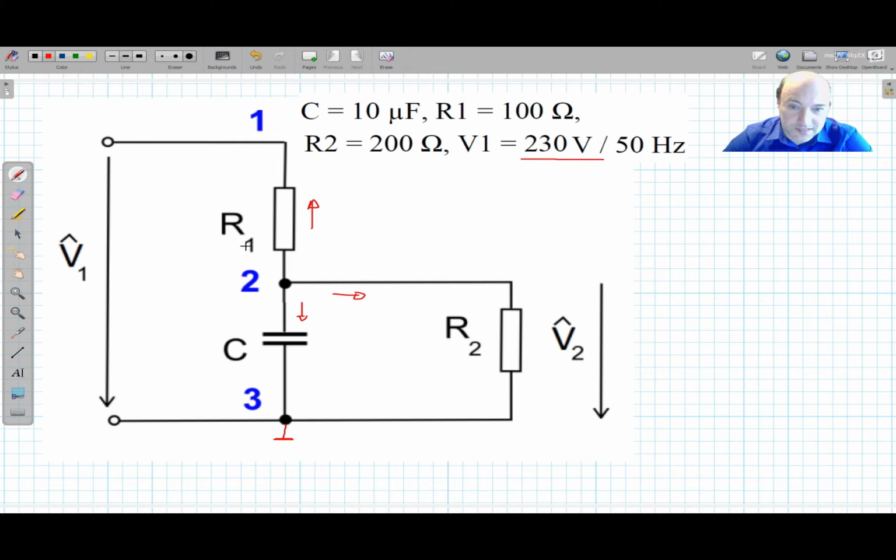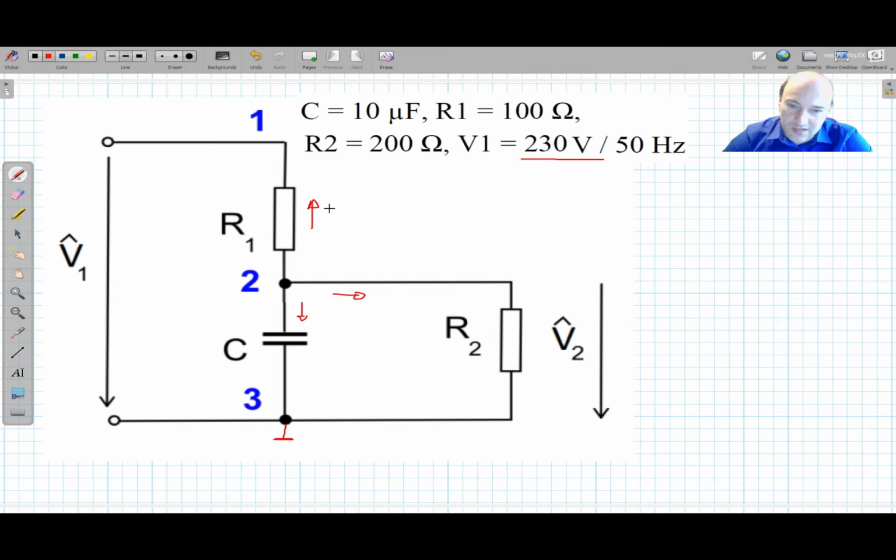Obviously, this will give me a result where at least one of the currents at the end will have a negative sign. But if you choose the current directions to be the same like this, you will be less confused by the signs in your equation. I will say that this direction, when the current is going out from the node, is the positive direction. So all parts in the equation will have a positive sign.